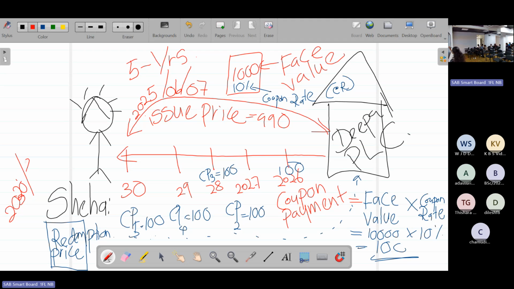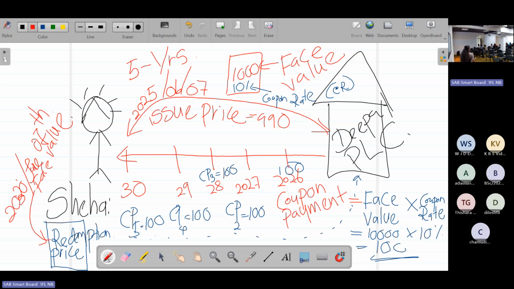June 7th. Normally, redemption price equals to what? To the face value. So redemption price normally equals the face value.